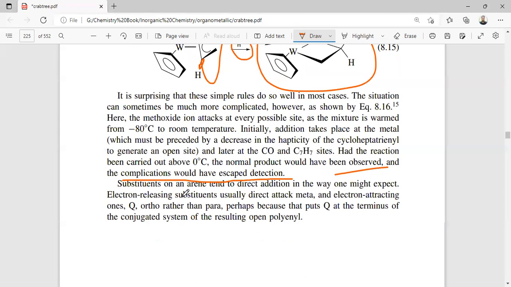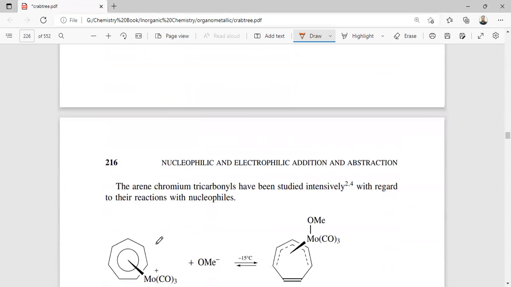So substituents on an arene tend to direct addition in the way one might expect. Electron releasing substituents usually direct attack at the meta position, and electron withdrawing ones at the ortho rather than para position, perhaps because that puts a substituent on the terminus of the conjugated system, resulting in an open polyene.